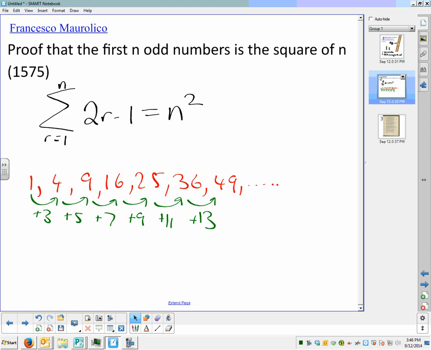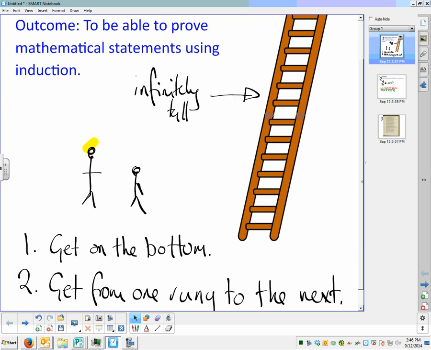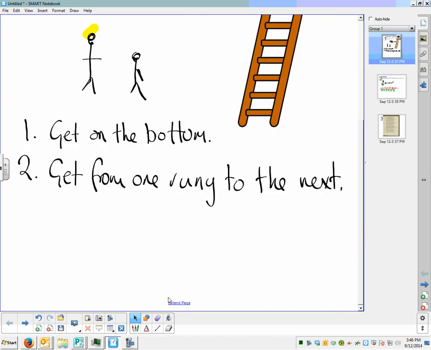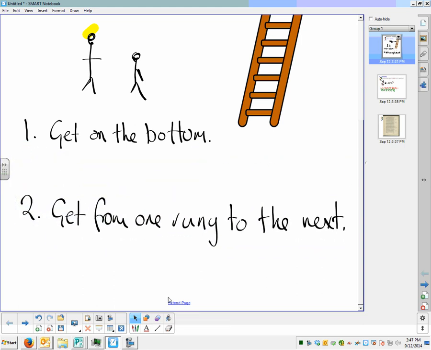I'm going to go back to the ladder and say, if I'm using mathematical induction, then instead of saying I need to get on the bottom of the ladder, what that's analogous to in mathematical induction is saying it's true for n equals 1.